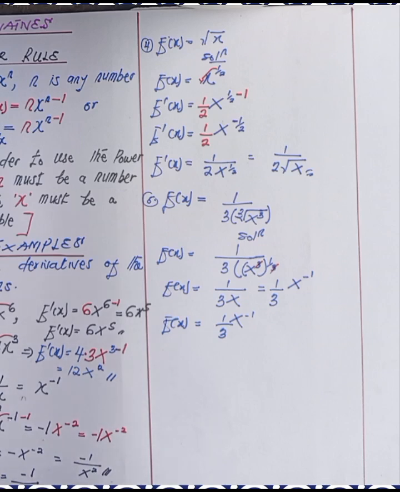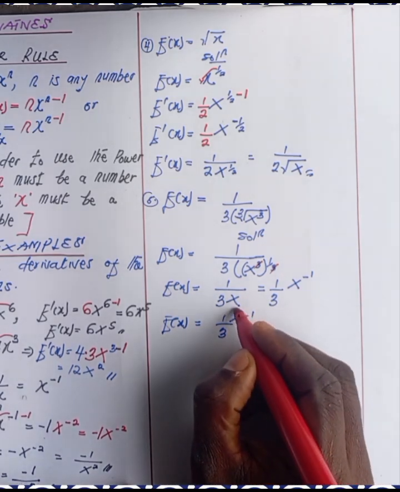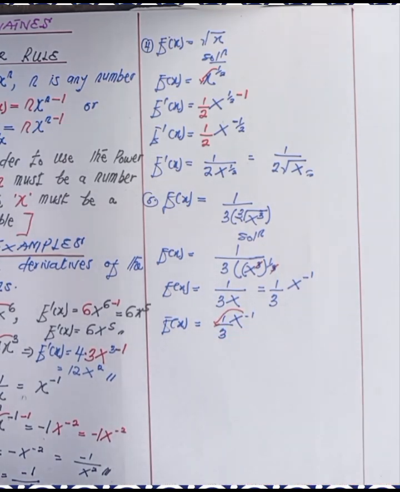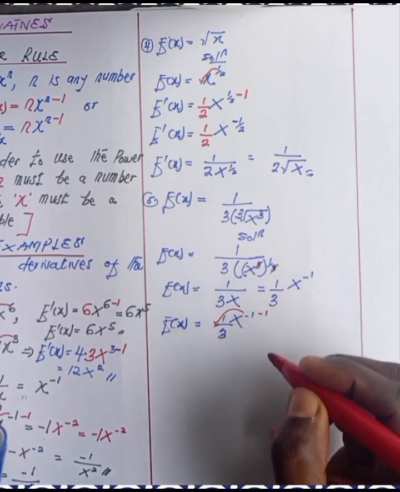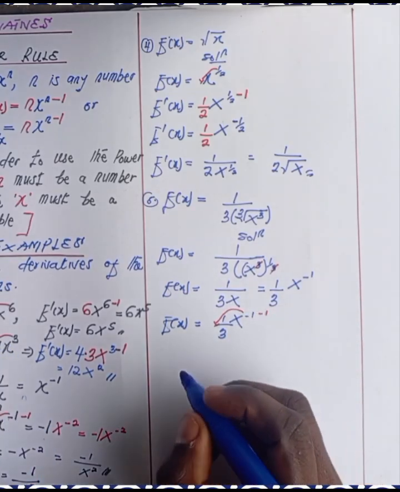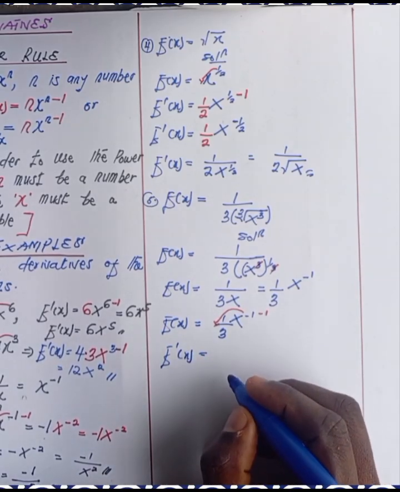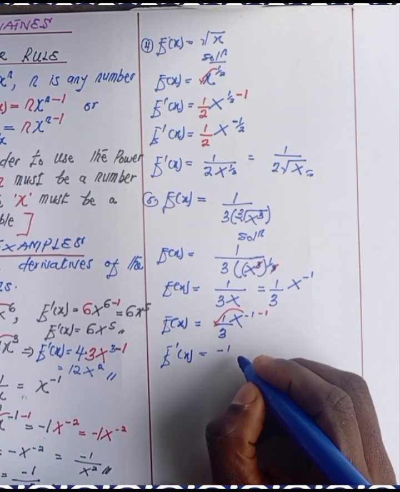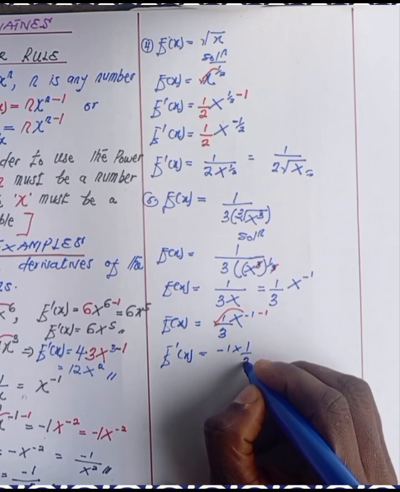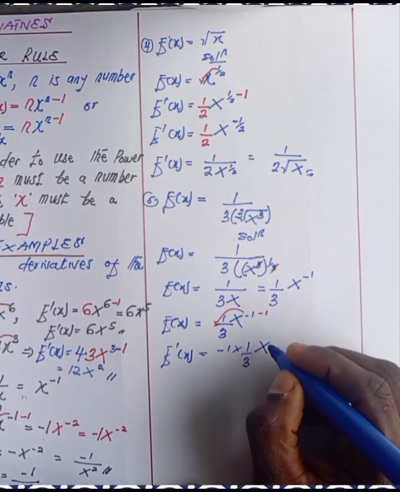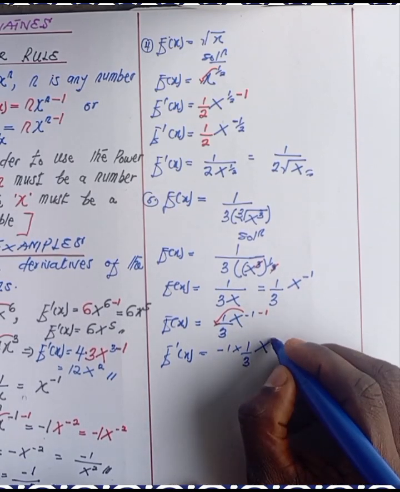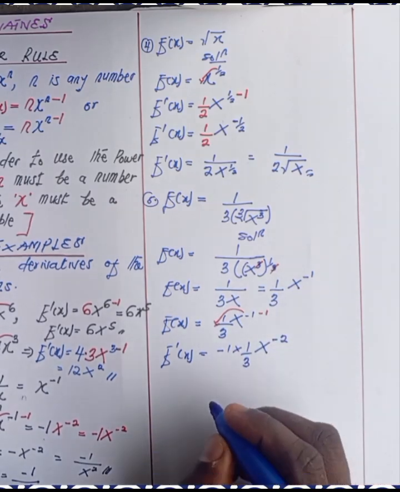So the original exponent, which is negative 1, will come and multiply 1 over 3, and then we subtract 1 from the original exponent. At the end, we are going to get the derivative f prime of x, which is minus 1 times 1 over 3, and then x to the power minus 1 minus 1, we are getting minus 2. Let's simplify it.